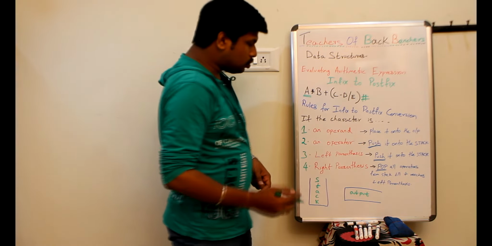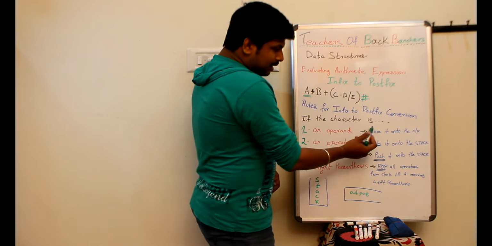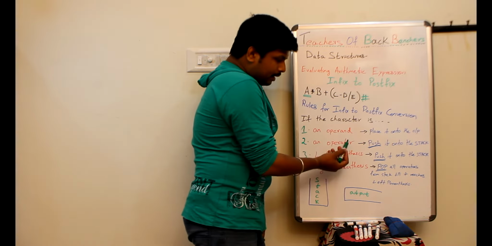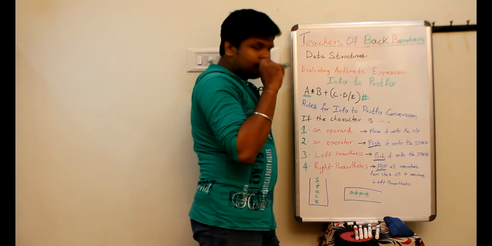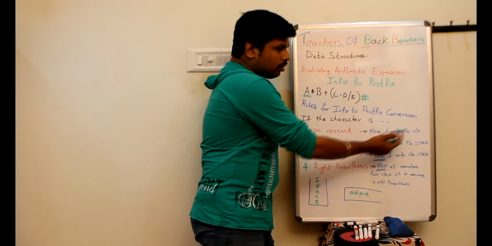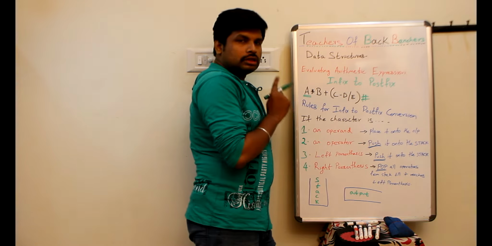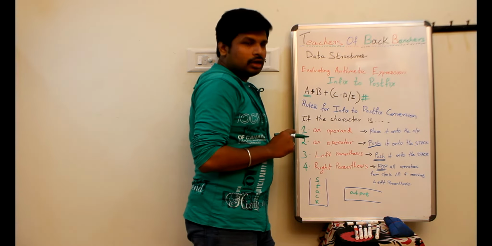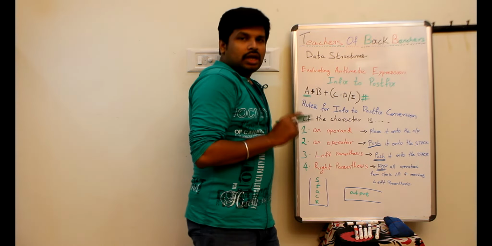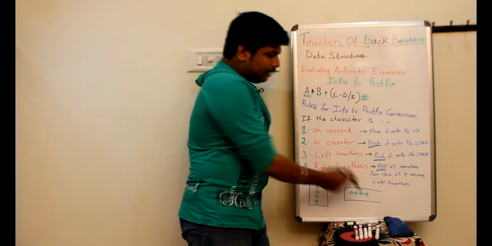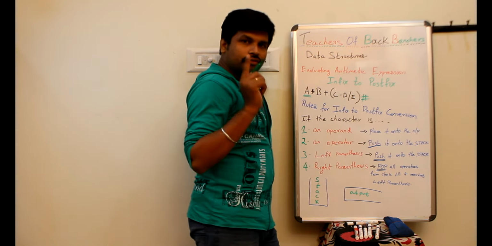So the first rule is, if the character we are looking at is an operand, which is A, B, C, D, E, you can directly place it onto the output. You should not push operands inside the stack. This is your first rule.